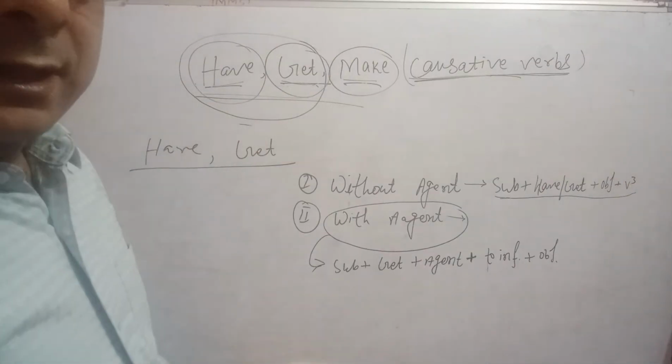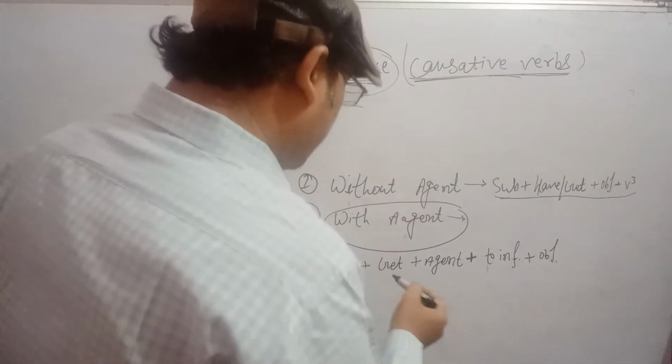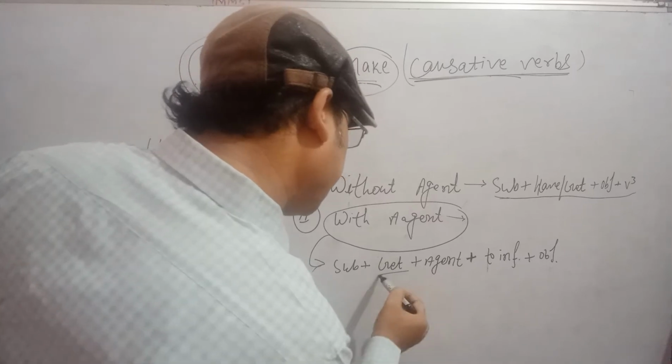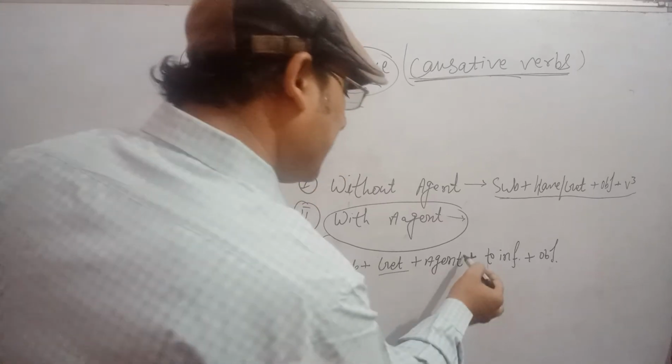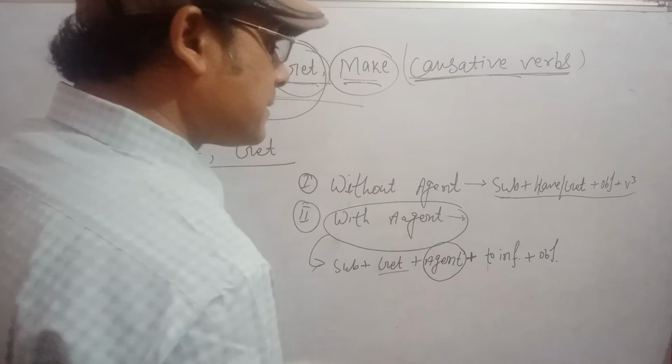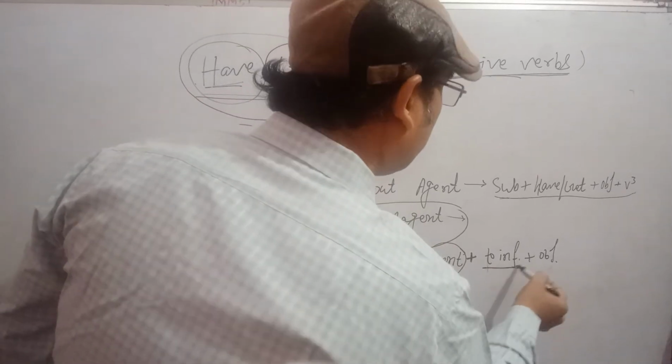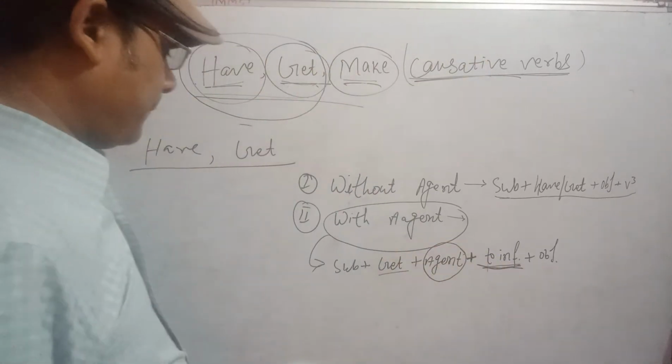Here we must know that if you use get and the agent is mentioned, we have to use to infinitive.